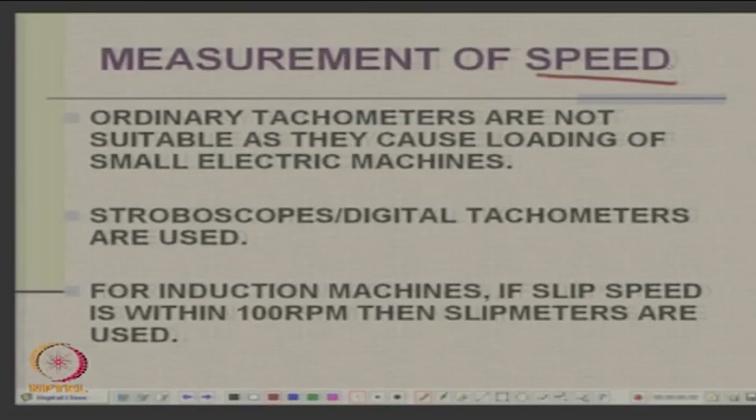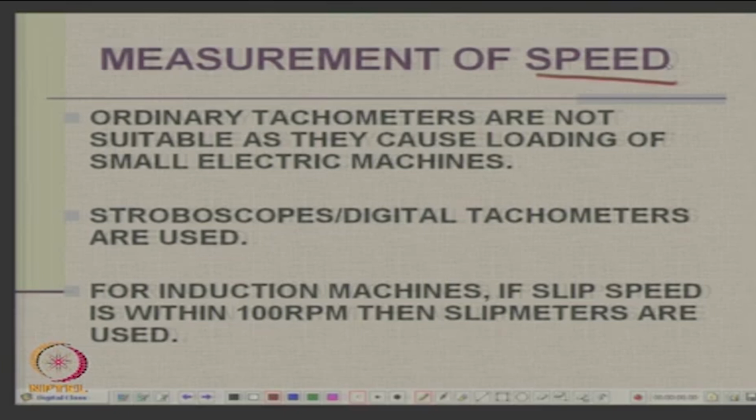Now, next is measurement of speed. How do you measure the speed? If you put a tachometer on a small motor, the motor may even stop. Your tachometer itself will work like a load, is it not?